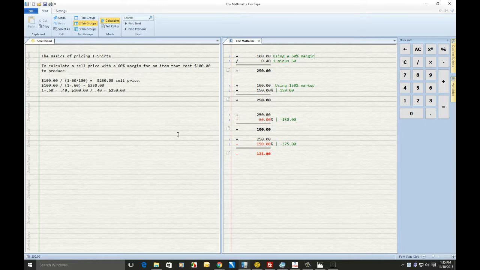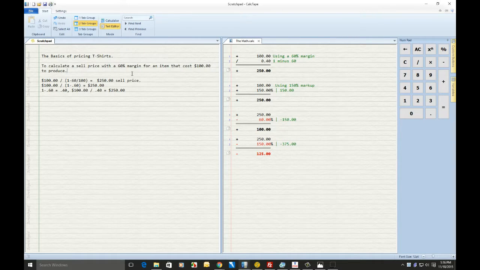So we're going to go over a couple of little scenarios here real quick. Using the margin, suppose we want to calculate a sale price with a 60% margin on an item that cost us $100 to produce or buy.